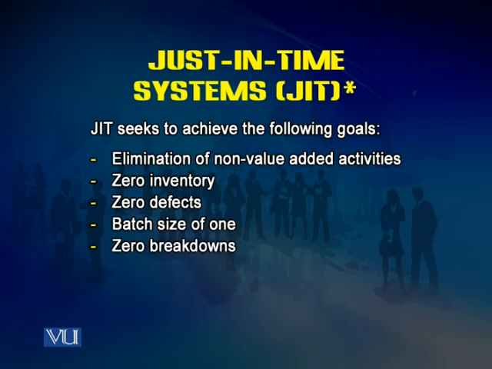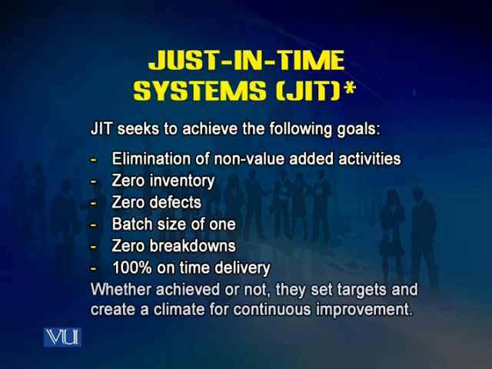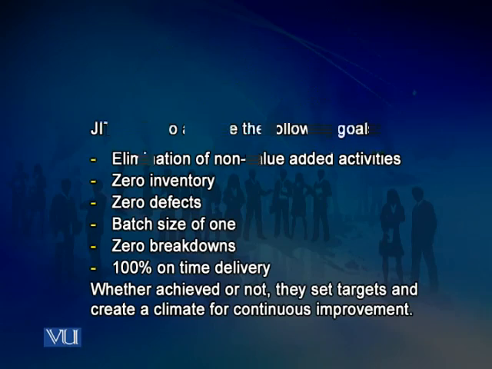Zero breakdowns, 100% on-time delivery. Whether achieved or not, they set targets and create a climate of continuous improvement. The concept is talking about zero inventory, zero defects and batch size of 1.